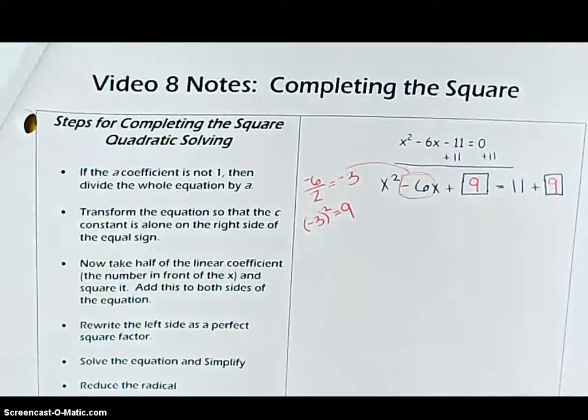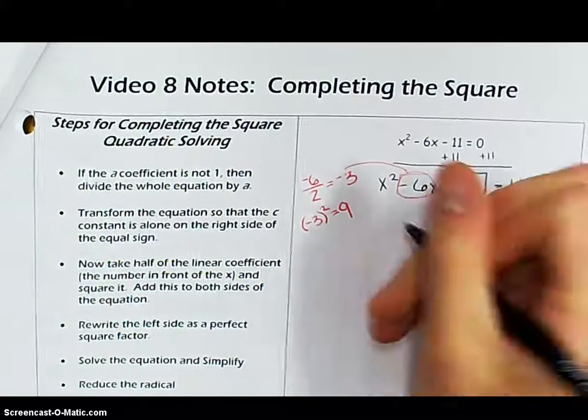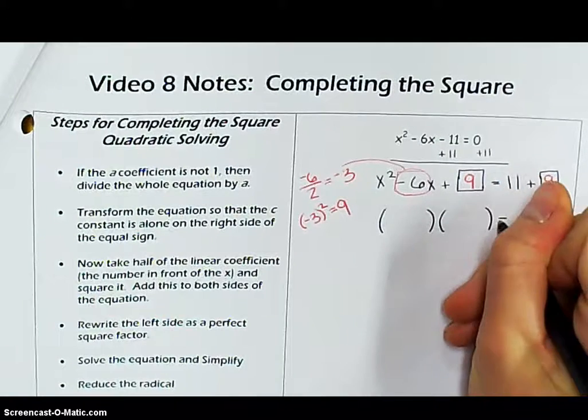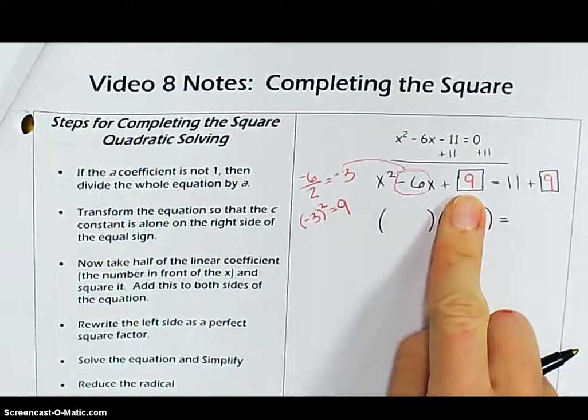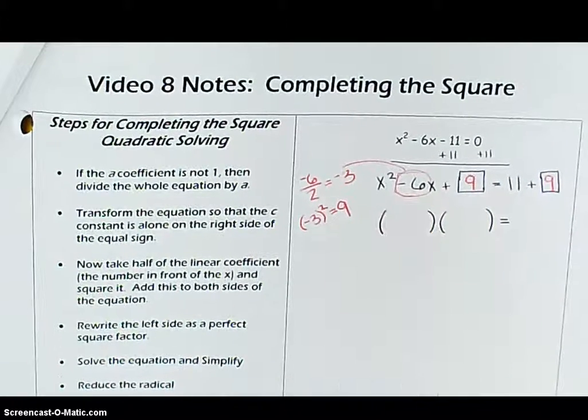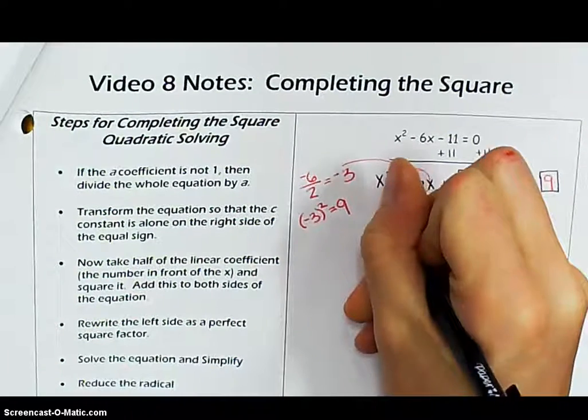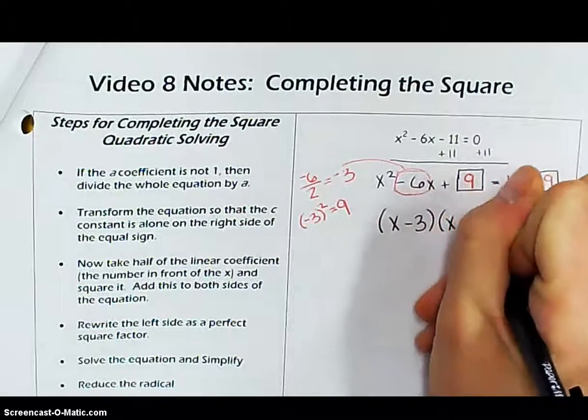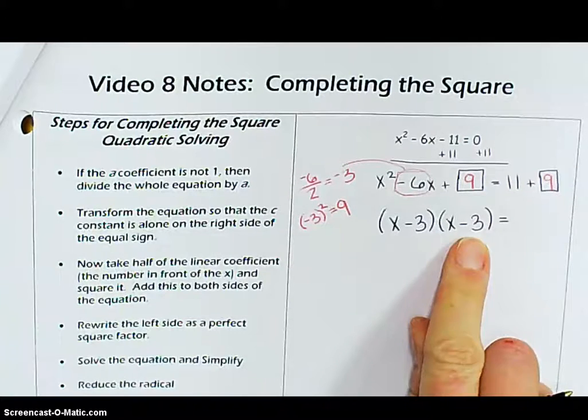Now we're going to go ahead and factor. Okay, so let's factor this side. Can you think of two numbers that multiply to 9 and add to -6? Well, sure, that's going to be -3 and -3. Now it's the same number, and look at that number.